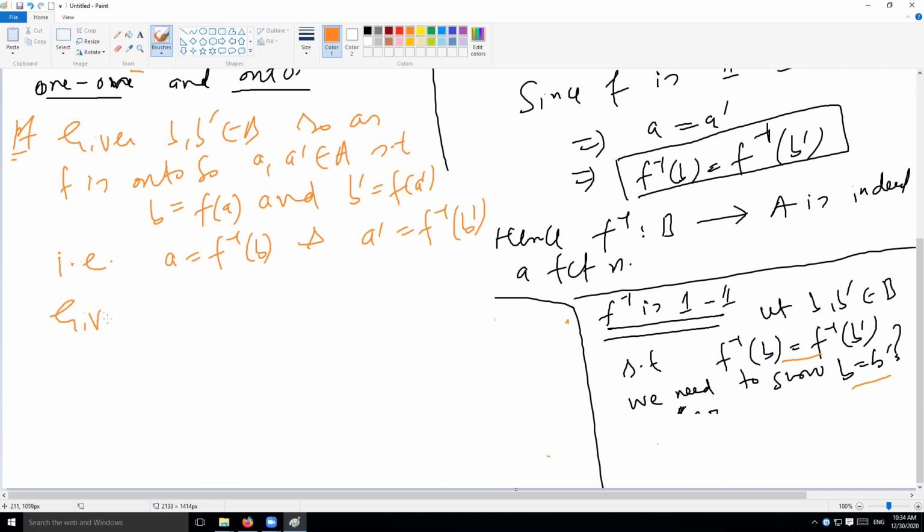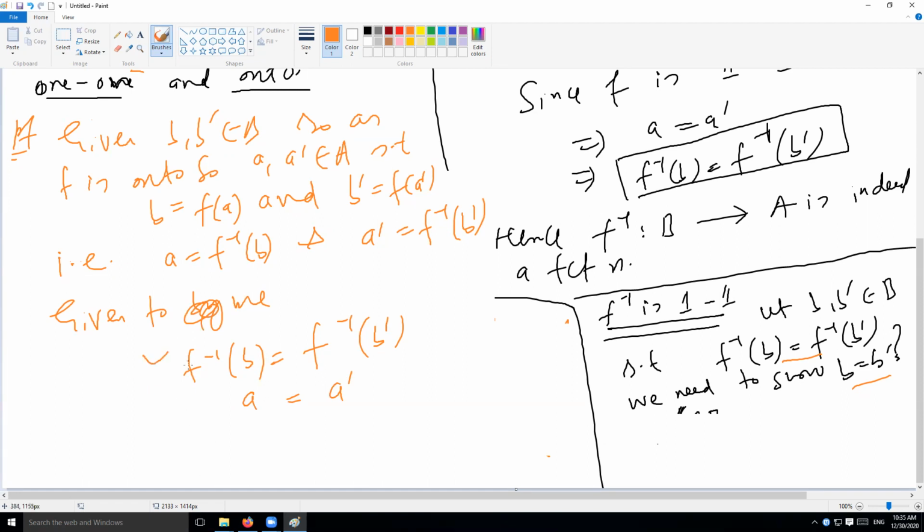Now it is given to me that F inverse of B is equal to F inverse of B prime. So if F inverse of B is A and F inverse of B prime is A prime, this means that A must be equal to A prime.